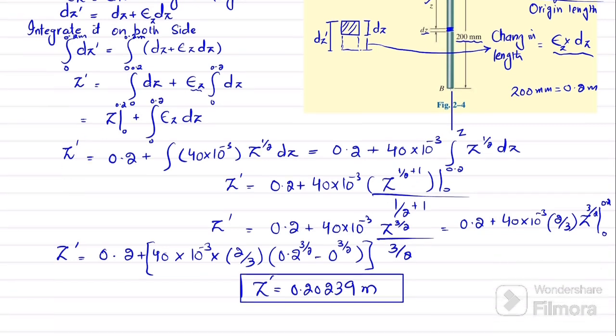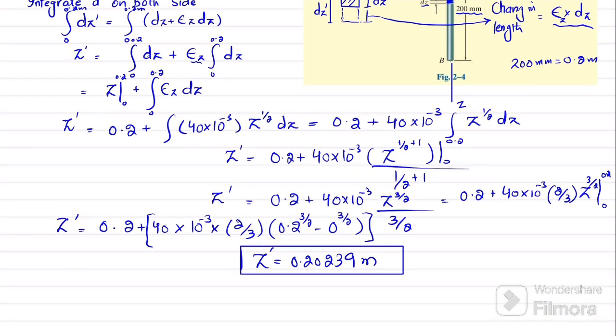We have been asked to find the displacement of point B. So we will find this displacement, delta B, which will be equal to the final length minus the original length. The original length is 200 millimeter, that is 0.2 meter. Final length is 0.20239 minus original length, which is 0.200 meter.